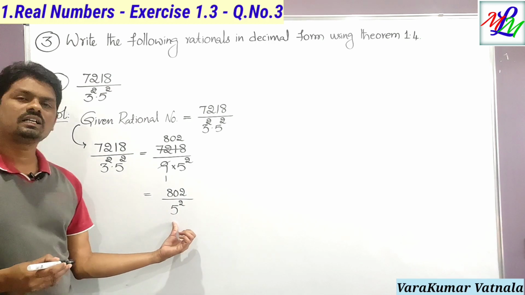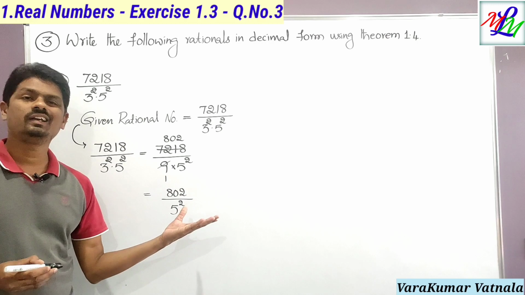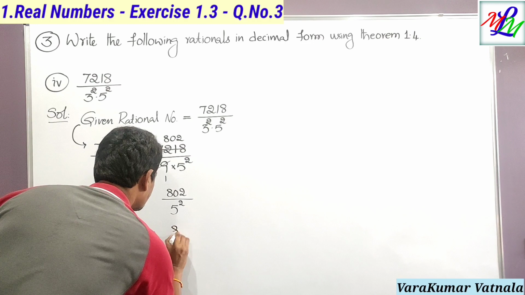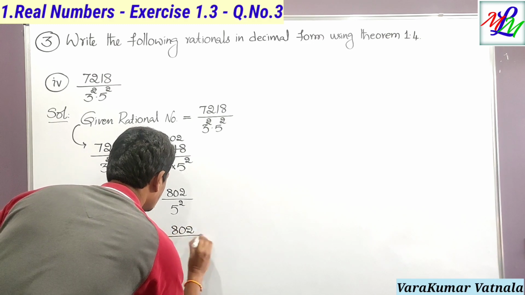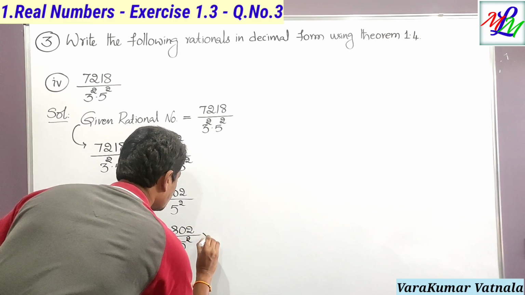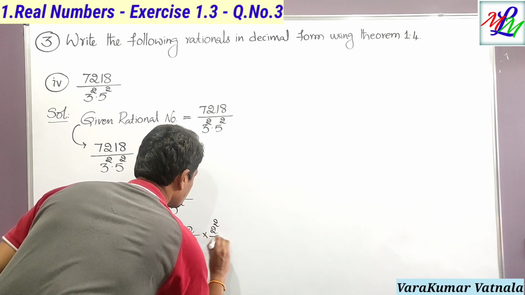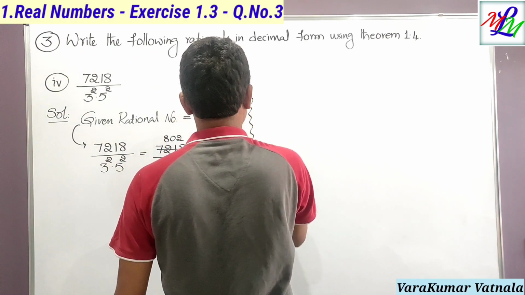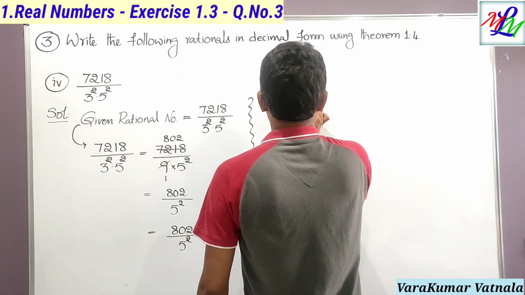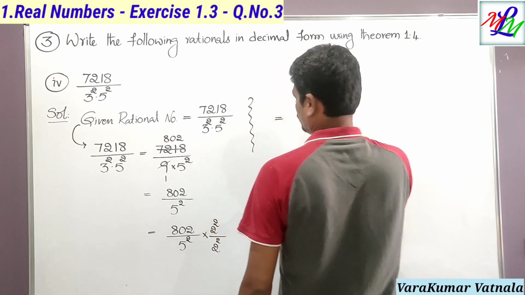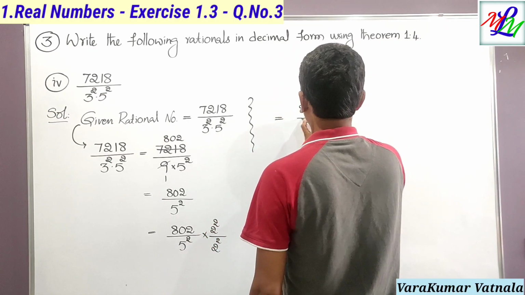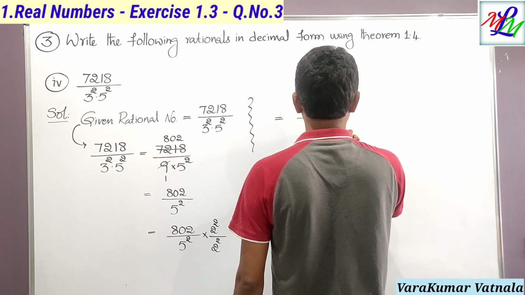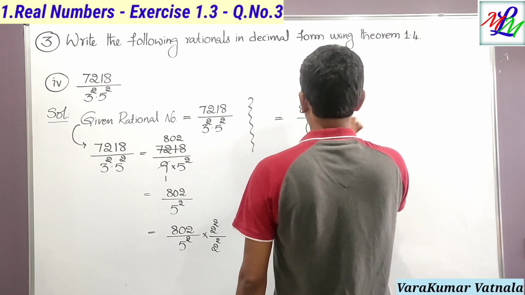So now to make the denominator 10, we have to multiply and divide by 2 to the power 2. So now I am writing, see here, 802 divided by 5 to the power 2 into 2 to the power 2 divided by 2 to the power 2. So see here how can we write it? 802 into 2 to the power 2, which is 4, divided by 5 to the power 2 into 2 to the power 2, it can be written as 5 into 2 whole to the power 2.